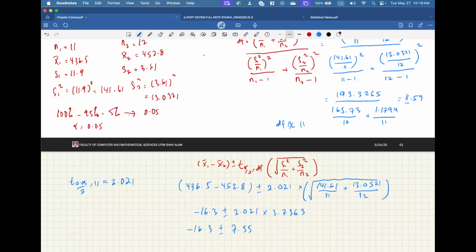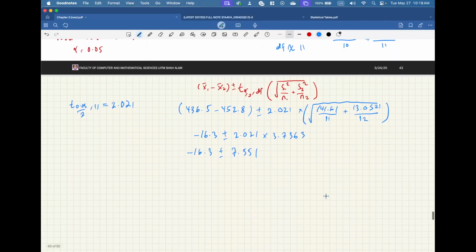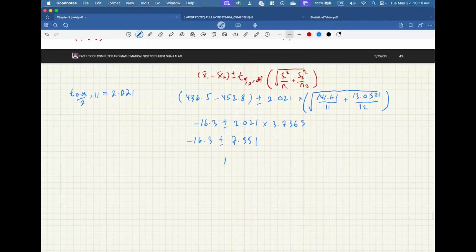Then we solve this: mu1 minus mu2 is between negative 16.3 minus 7.551 and negative 16.3 plus 7.551.